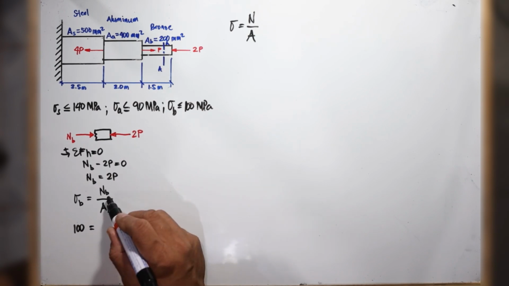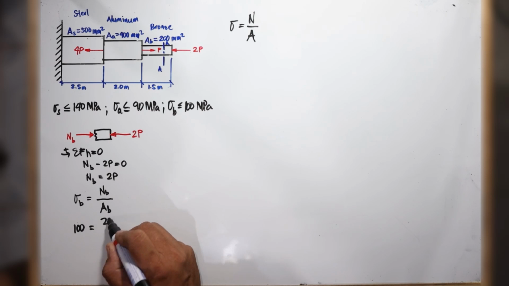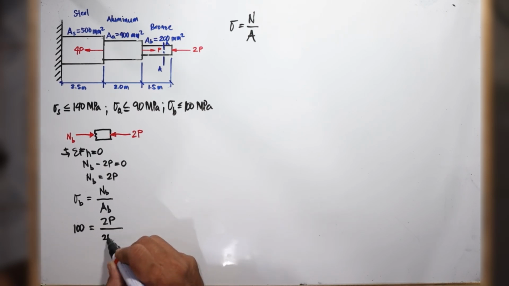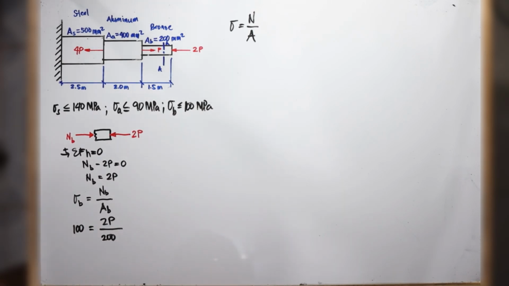Then N sub B is equal to 2P, and our area is 200 square millimeters. So this is megapascal, this is square millimeter. P should be in newtons, and that is equal to 10,000 newtons, or 10 kilonewtons. So that means the bronze rod can support up to 10 kilonewtons of P.